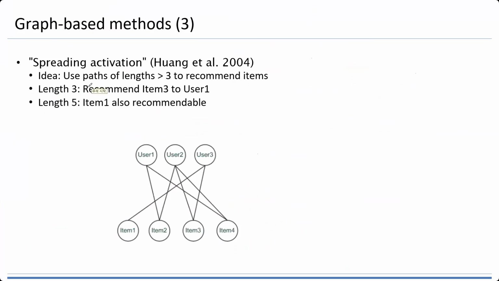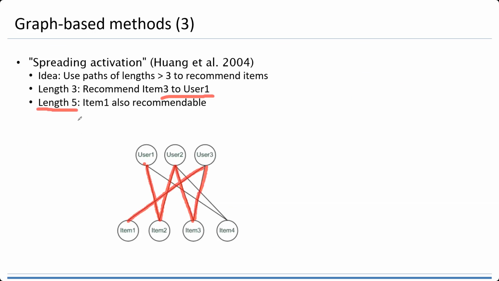If we use 3, then I can recommend item 3 to user 1. So user 1 to item 2, and then item 2 to user 2, and then user 2 to item 3. But if I use the length of 5, then I can also recommend item 1, because from item 3 I can go to user 3, this is 4, and then from user 3 I can go to item 1.